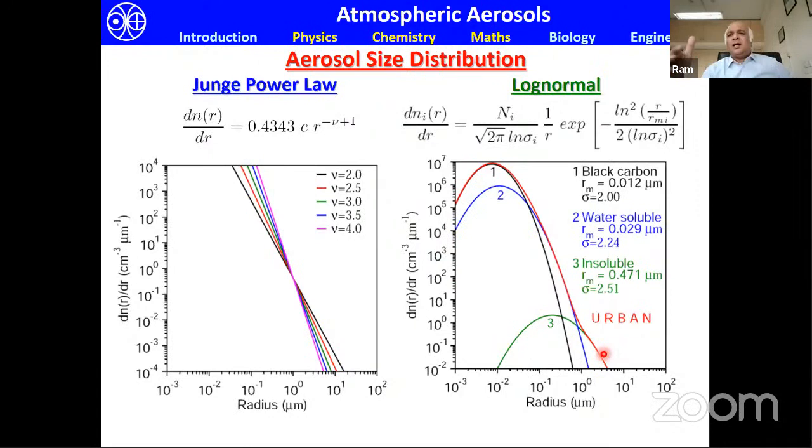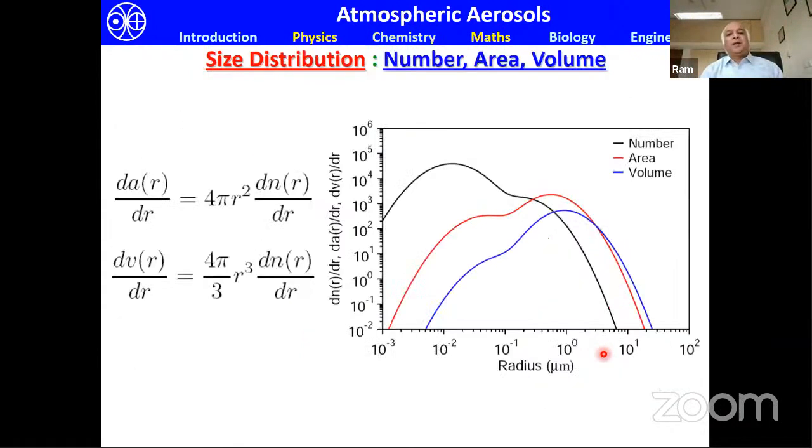So this is a more realistic way of representing the aerosol distribution, which arises due to aerosols of different sizes present in the atmosphere and in different numbers. It is not the same, the numbers are also different.